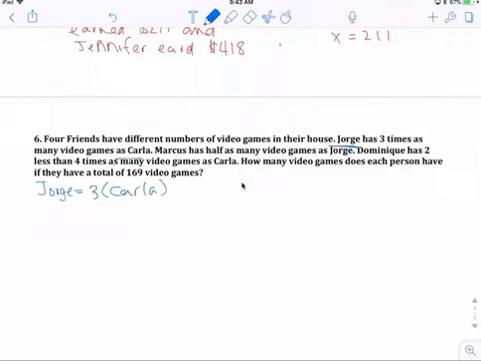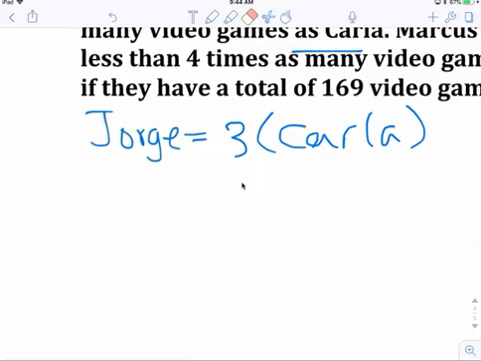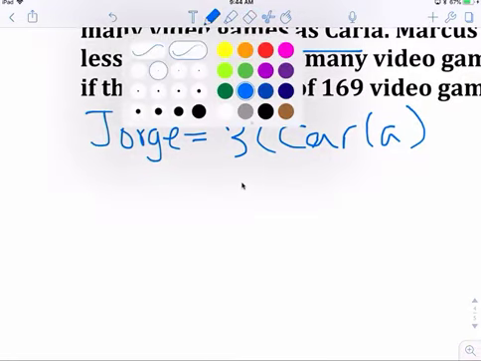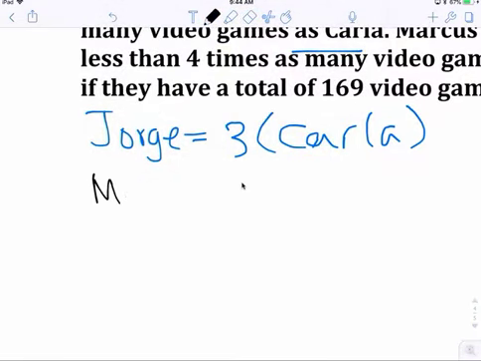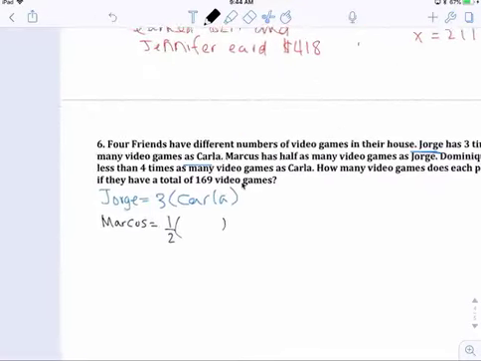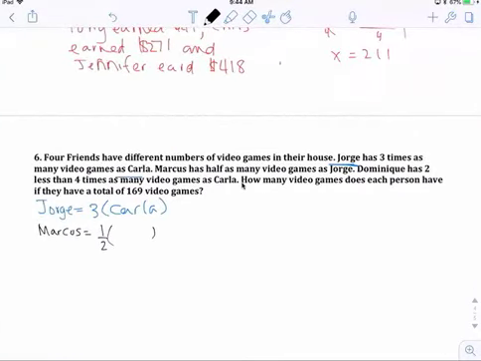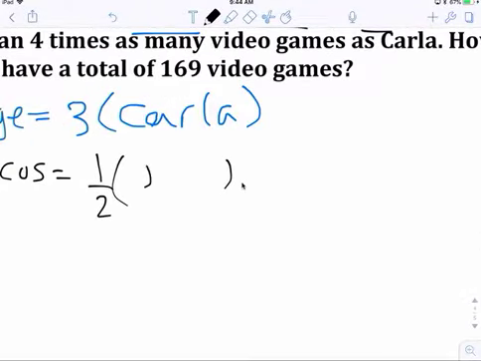Marcus has half, so the next person is Marcus. Anytime you see the word half, a third, any fraction, it's times. Marcus has half as many as Jorge.